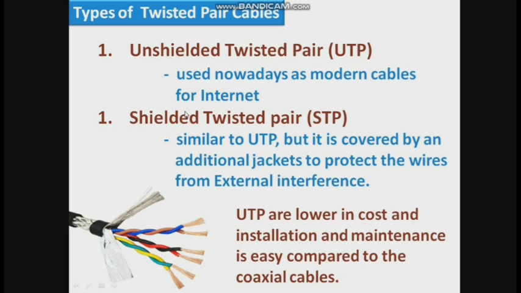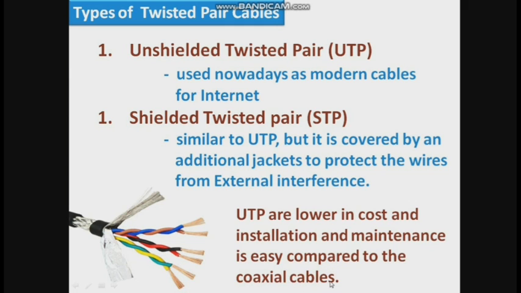So there are 2 types. One is UTP, another one is STP. UTP is not shielded by external insulation, whereas STP is shielded separately. They also generally comprise wires and insulators. UTP is lower in cost, and installation and maintenance are very easy when compared to coaxial cable.